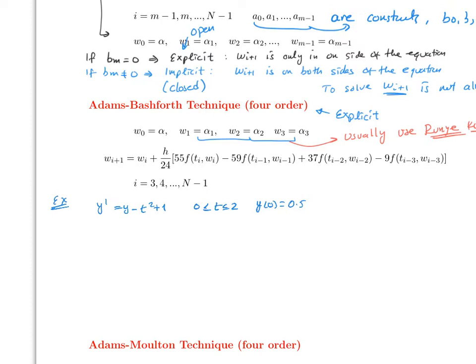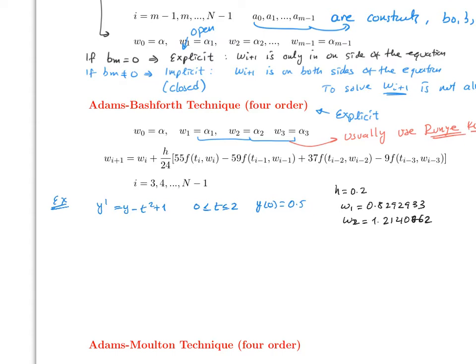And if we use the values from the Runge-Kutta of order 4, where h was equal to 0.2, from there w1 was equal to 0.8292933, w2 was equal to 1.2140.